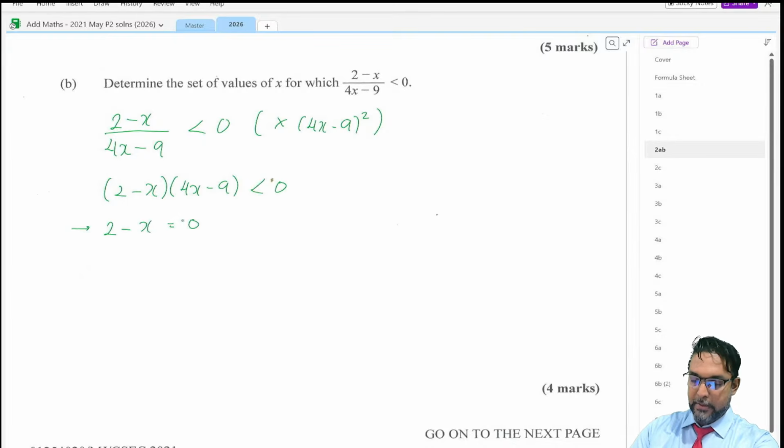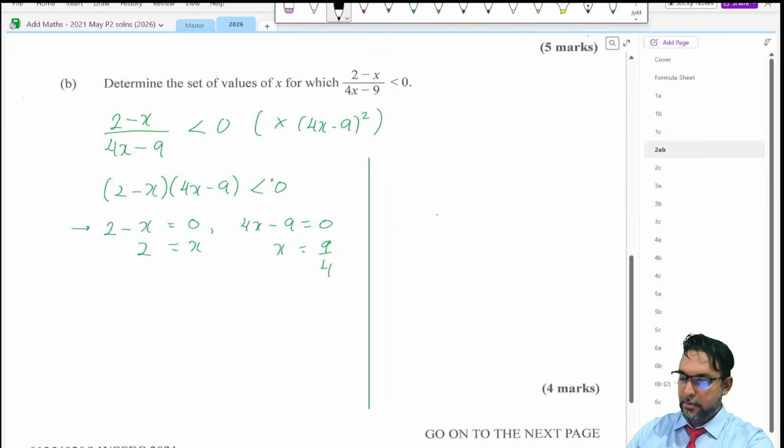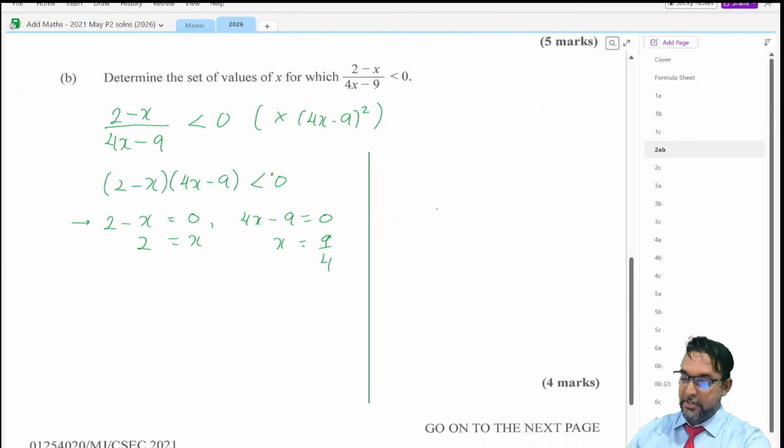If 2 minus x is 0, then 2 is equal to x. If 4x minus 9 is 0, x is equal to 9 over 4. If we multiply minus x by 4x, we'll get minus, so it's a maximum curve.